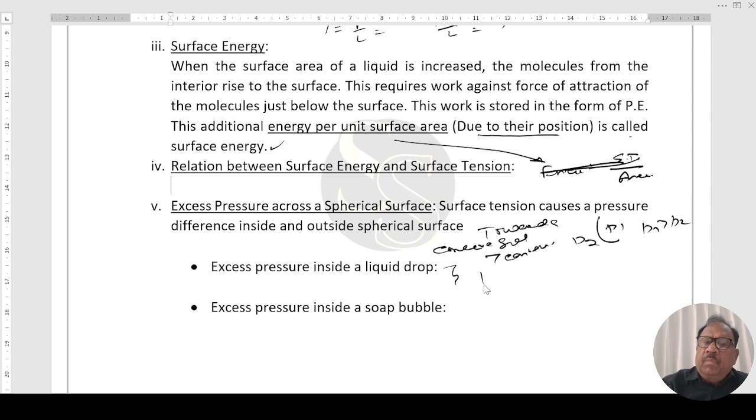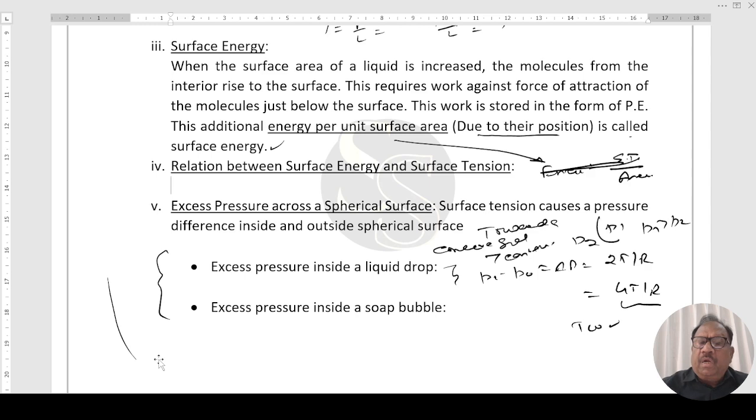Excess pressure, that is Pi minus P naught, delta P equals 2T by R, and in the case of a soap bubble with two surfaces, 4T by R.